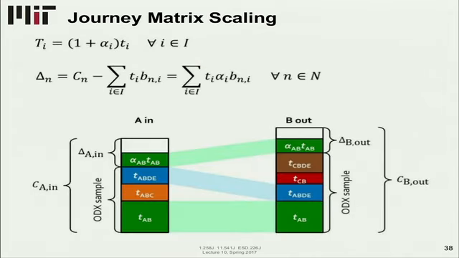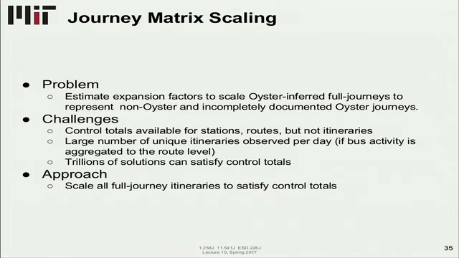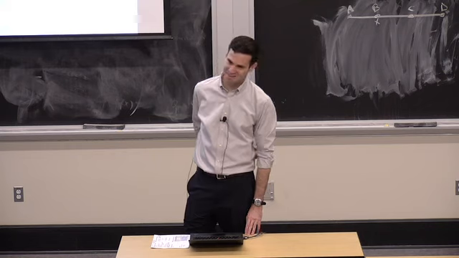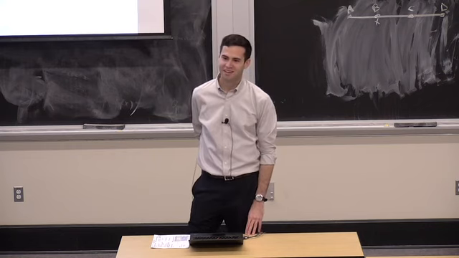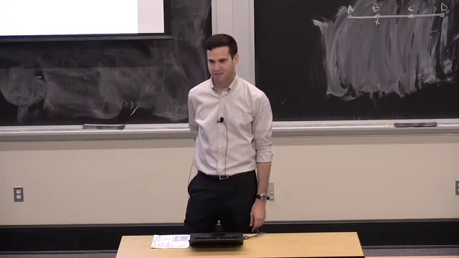I don't know if I have that here. This is only one example of one trip. We know that there are trillions of solutions that satisfy the control totals. I forget how many unique itineraries there are, but many, many. It's a large number, in a city like London particularly.